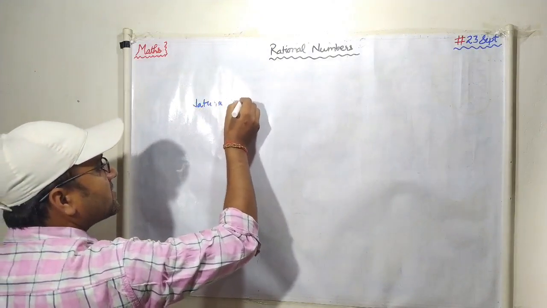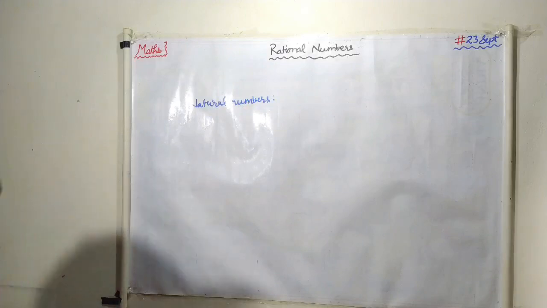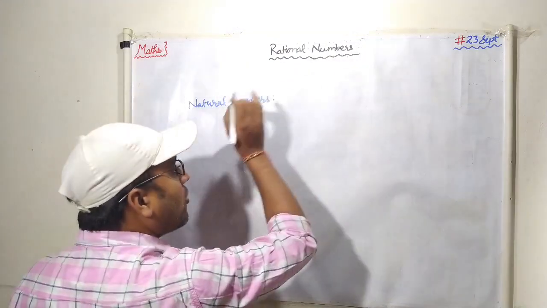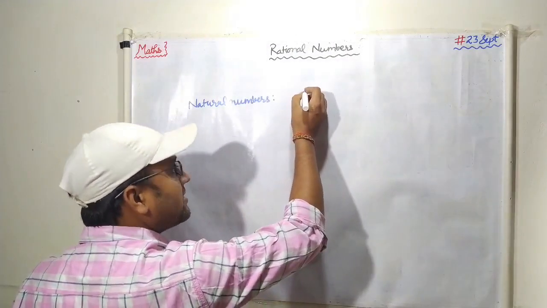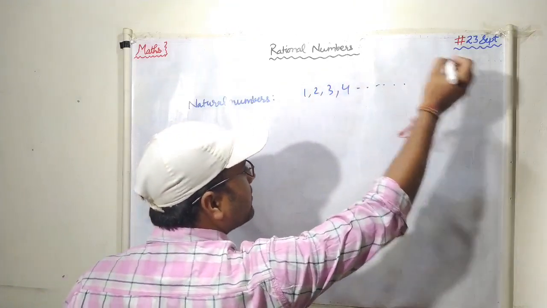Natural numbers. Students, you know about the natural numbers, the counting numbers such as 1, 2, 3, 4 and so on.